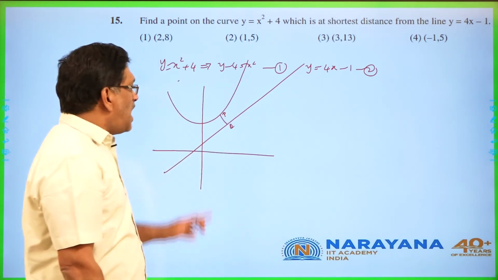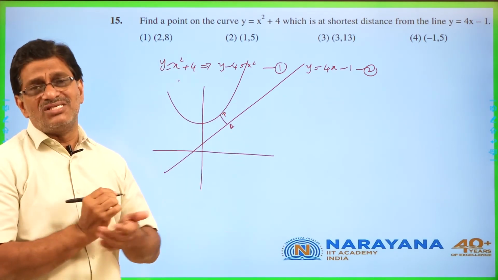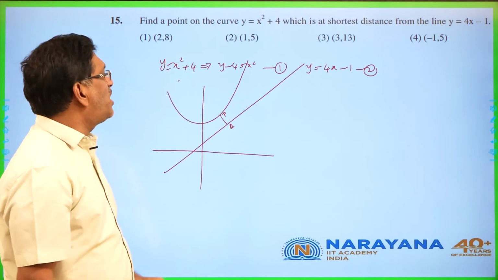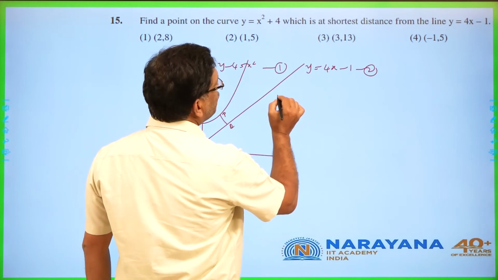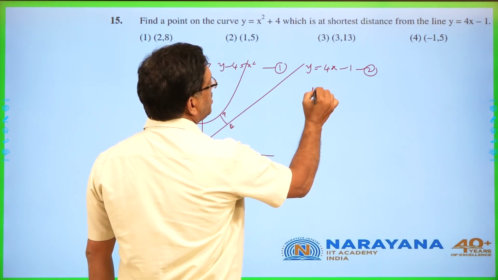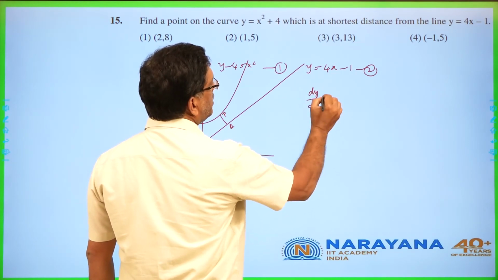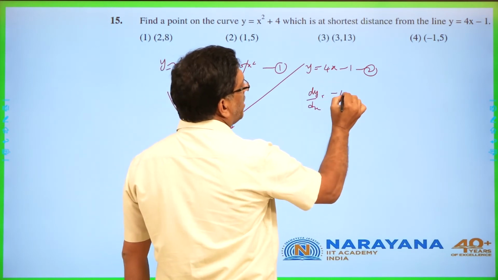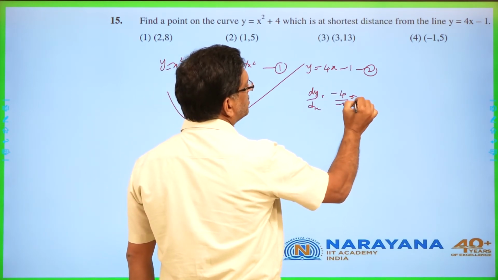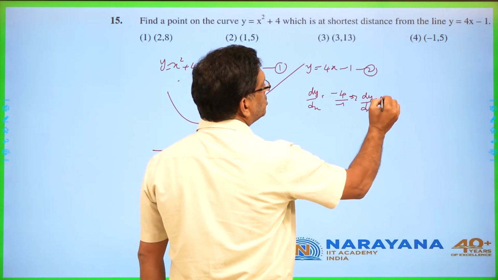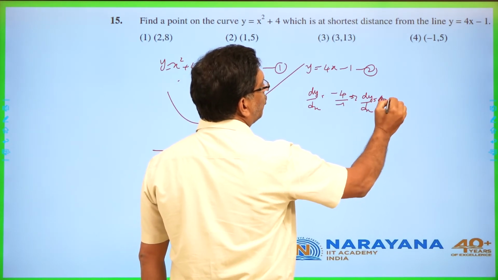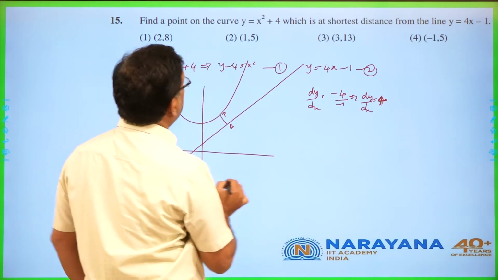Right? Simple. As this is a line, you can easily find out by finding the slope. What is the slope of this one? For the first one, dy by dx is minus a by b. That is dy by dx equals 4. Now take the parabola.